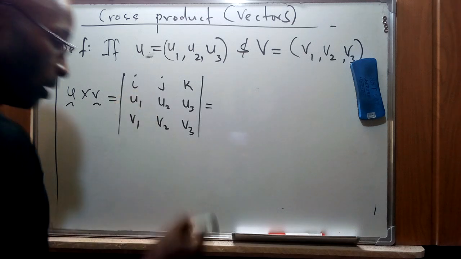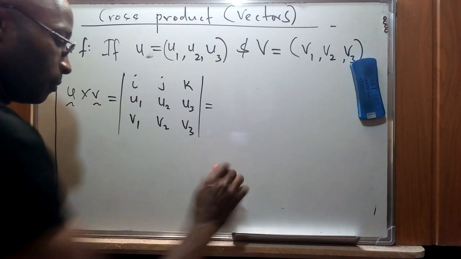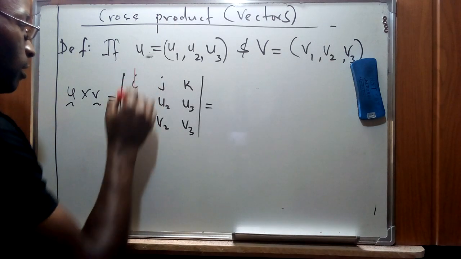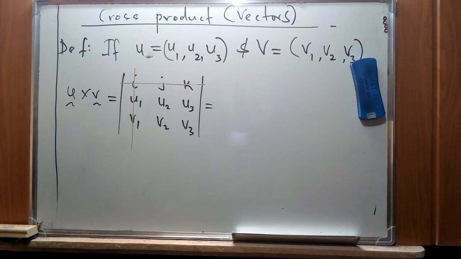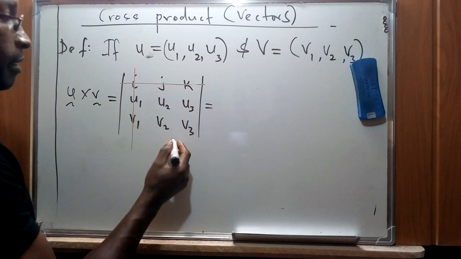So in finding this one, we are going to do a cross multiplication. The i component is found by ignoring the first column, so we're going to have a cross product for the remaining part.